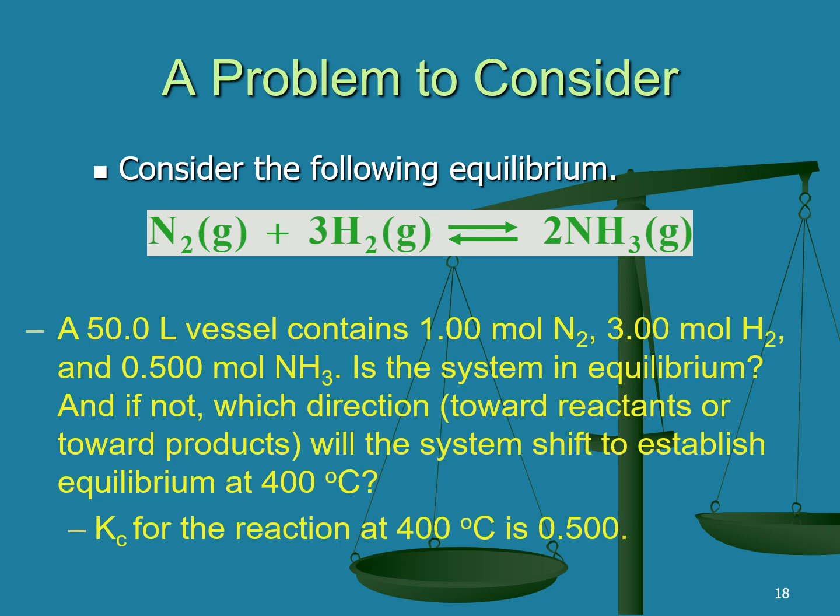They say at 400 degrees, and the K for the reaction at 400 degrees is 0.500, so we don't have to worry about the temperature. What we can do is plug into the Q expression, find out what Q is, and then compare it to K.